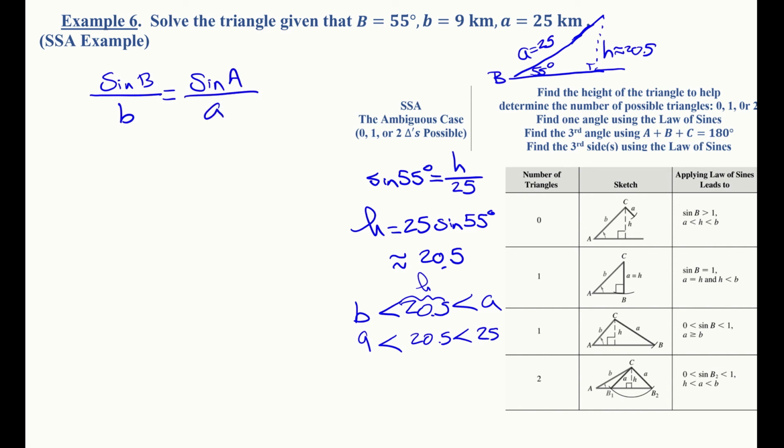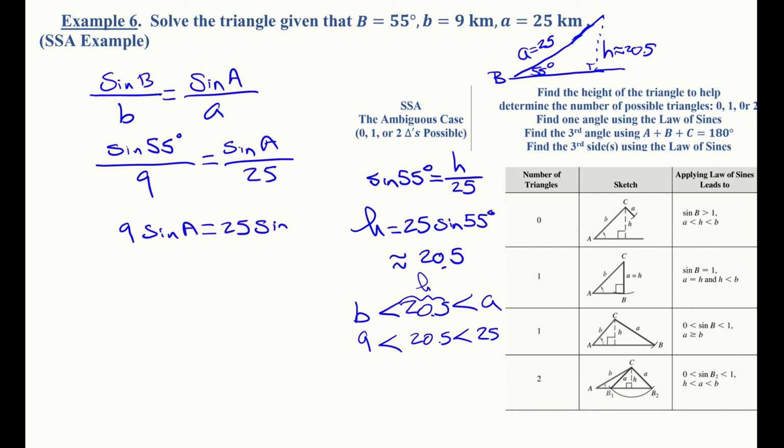So sine of 55 over 9 equals sine of A over 25. So we get 9 sine A equals 25 sine of 55.